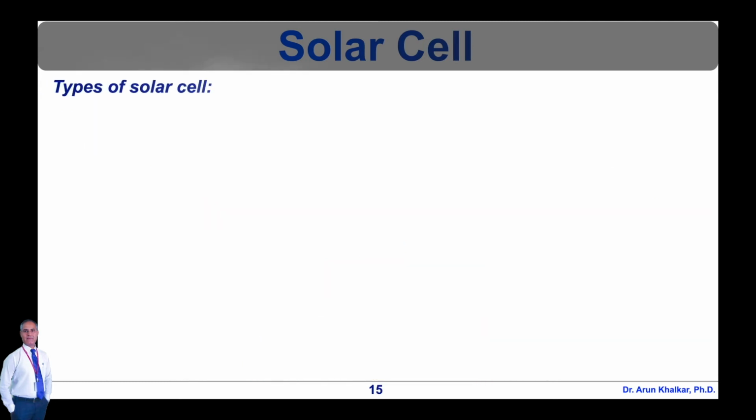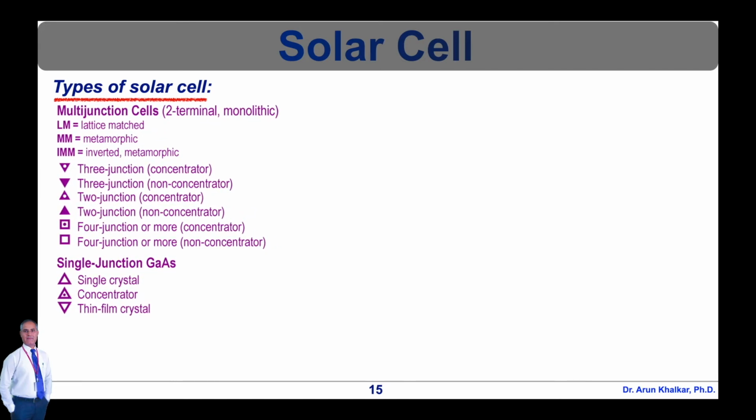Now let's see the types of solar cells. Depending upon the junctions and the material of the solar cells, there are several types of solar cells, and they are characterized in this way. First of all, let's see multi-junction cells. In multi-junction solar cells, there are two-terminal monolithic cells, with 2-junction, 3-junction or 4-junction designs.